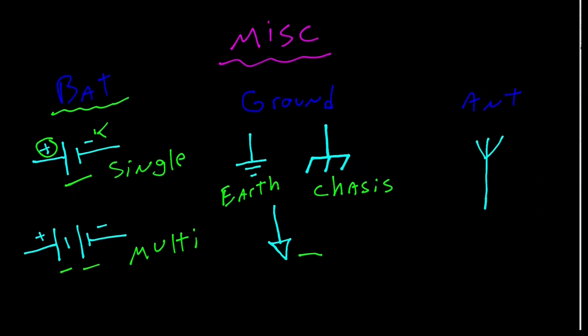And finally, this thing that looks like a spade is called common ground, and this will go back to the ground on your power supply. And of course, something that we're going to be using all our amateur radio careers is the symbol for the antenna on the far right, which looks like a little bit of a pitchfork.